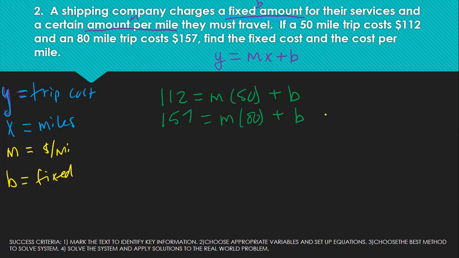Can someone tell me why our best method is substitution? I have an unknown with a leading coefficient of 1. So I can easily get this B by itself. So what does B equal?